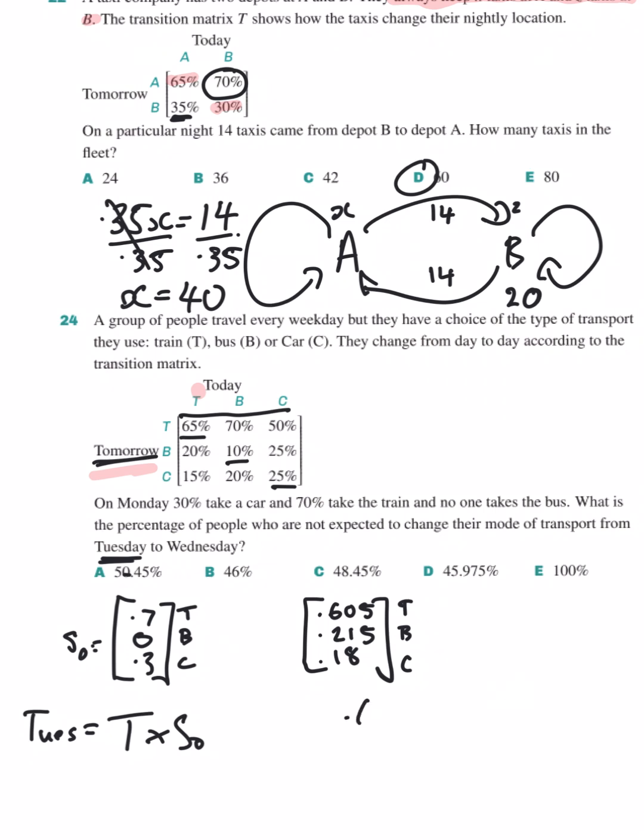So we're going to have 0.605 times, this is going to Wednesday, so 65% of them will stay, plus we've got 0.215 times around 20% and 10% of them will stay, plus the 0.18 and 25% of them will stay.